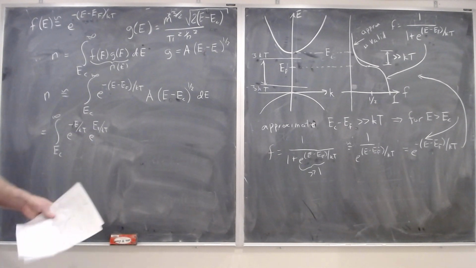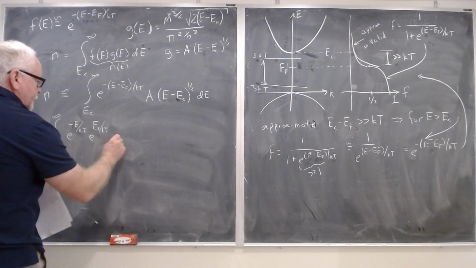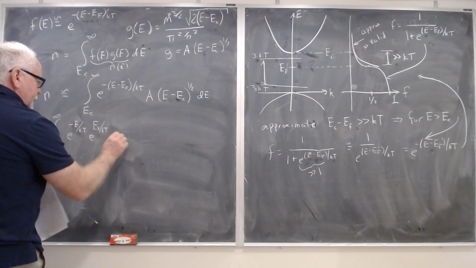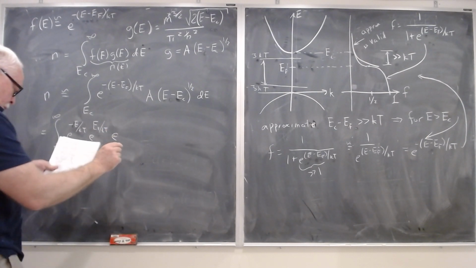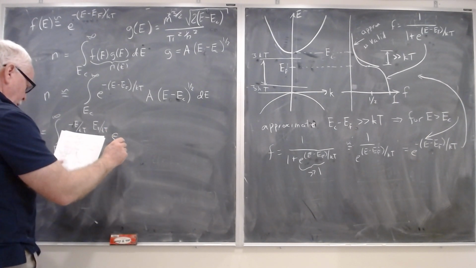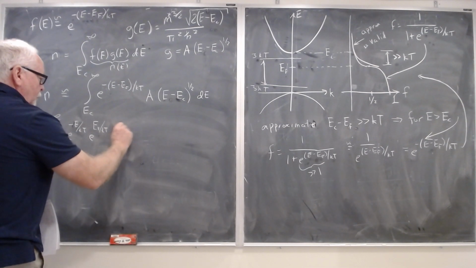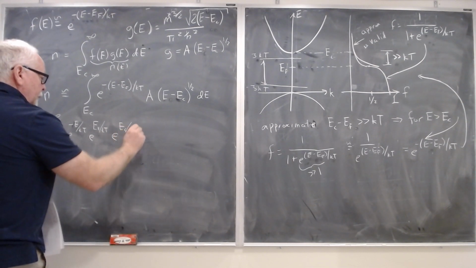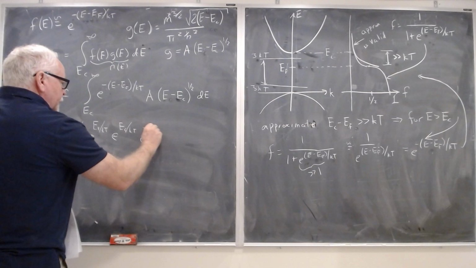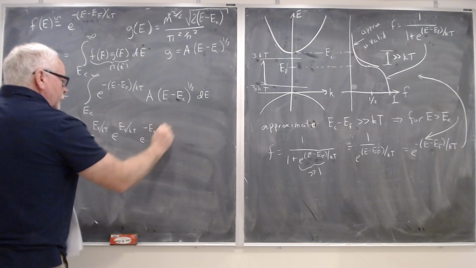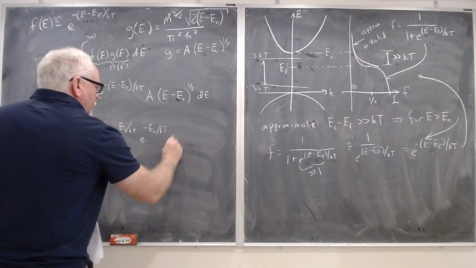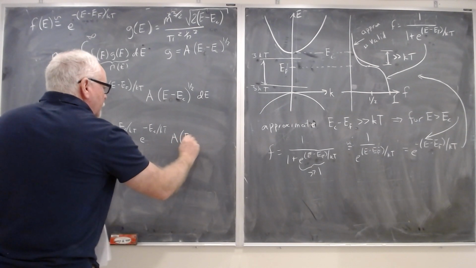And now I'm going to do something that looks weird at first, but you'll see it allows us to put things together. I'm going to write here e to the EC over kT and e to the minus EC over kT, and then the rest of it here.